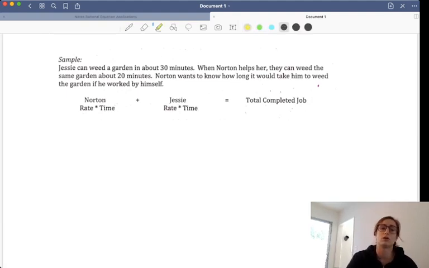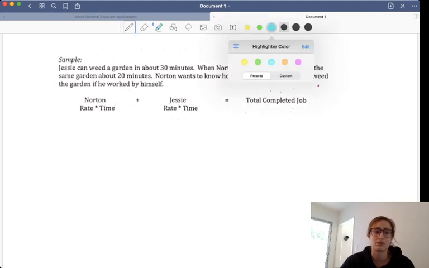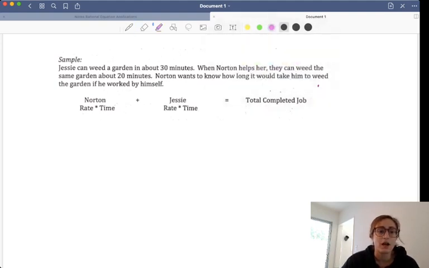So let's look at the important information and highlight it first. So we have, Jesse can weed a garden in about 30 minutes. Okay. When Norton helps her, they can weed the same garden, so that's the two of them together, in about 20 minutes.